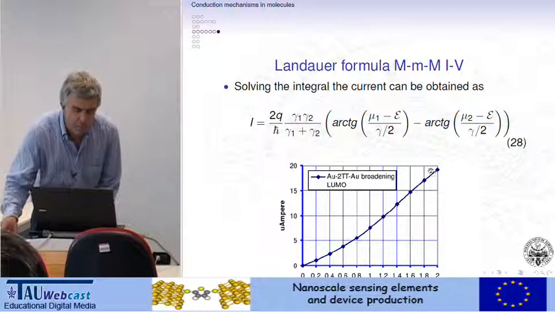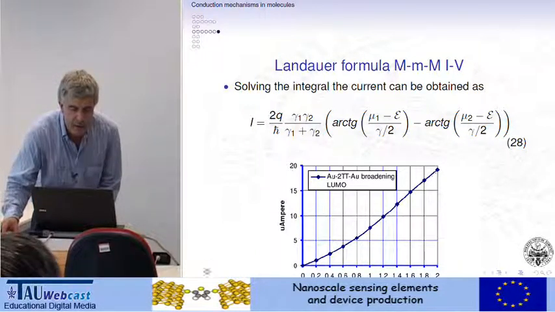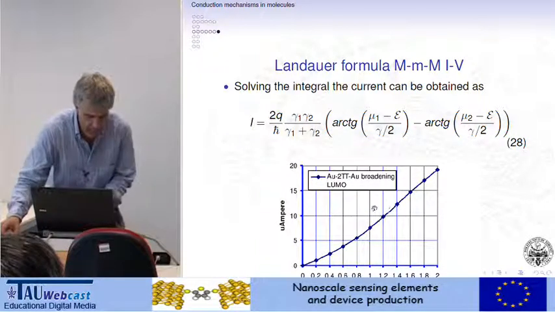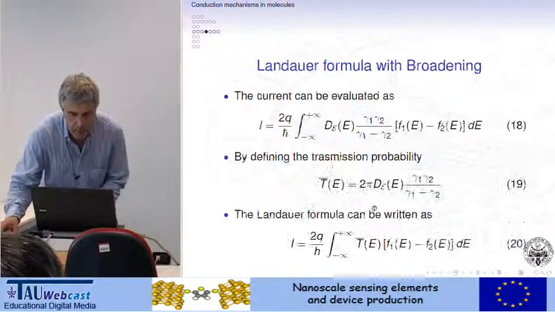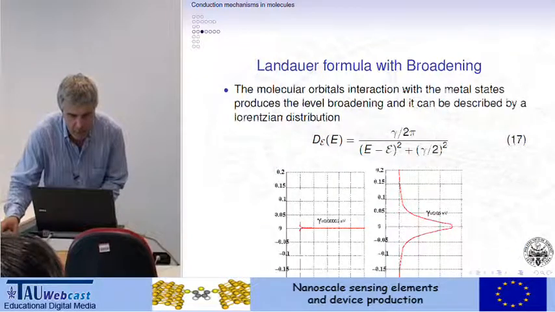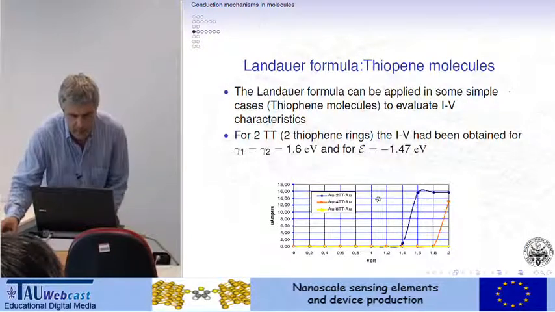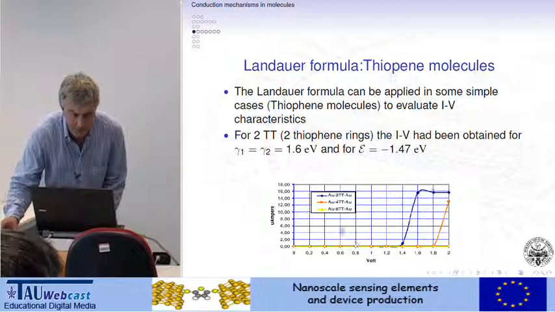It's not perfect, but now you can recognize the behavior of the curve. It's completely different from the curve that we get considering the Landauer formula without level broadening.